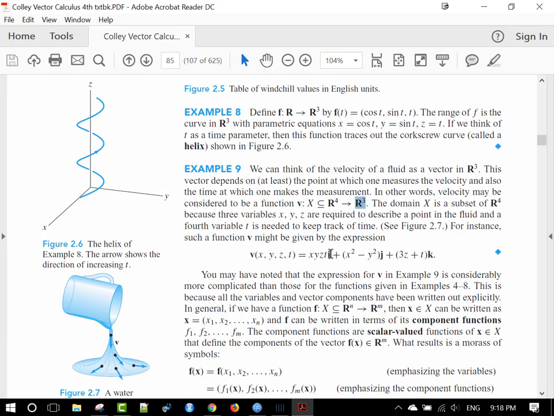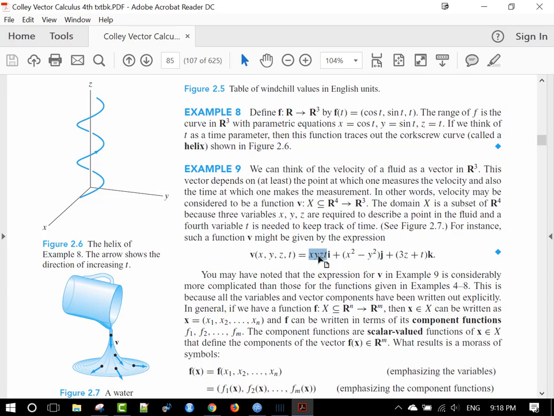So maybe we shouldn't call this the ith component, we'll just call it the first component, and we'll call this the second component of the output, and this we'll call the third component, and so on. And each of these is just a scalar valued function.